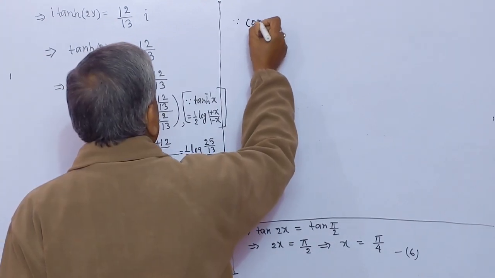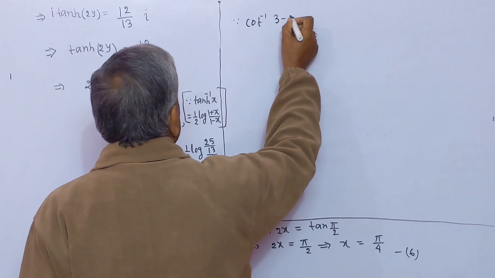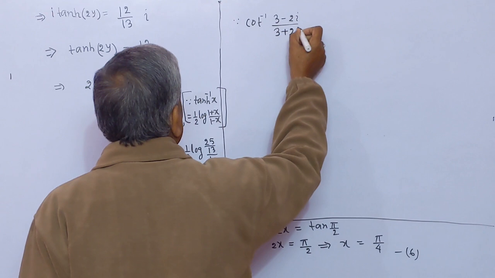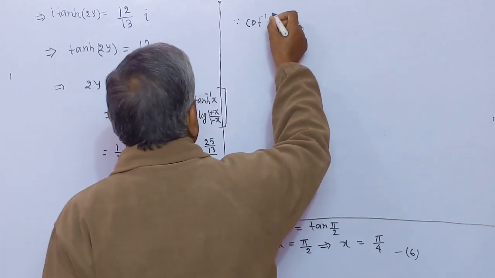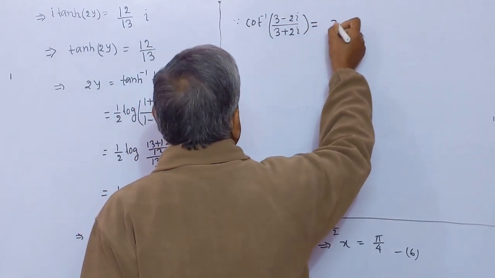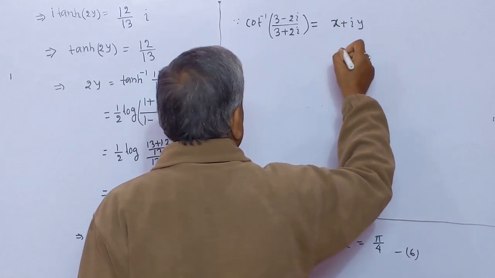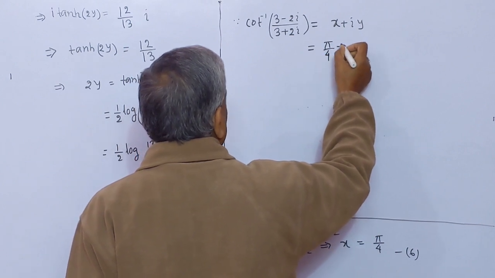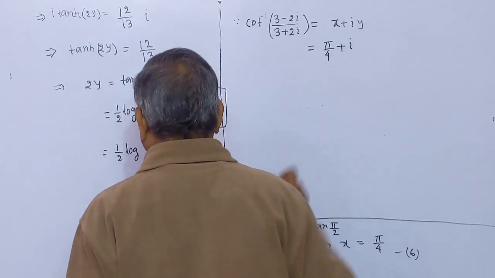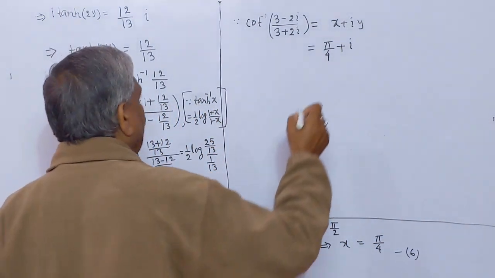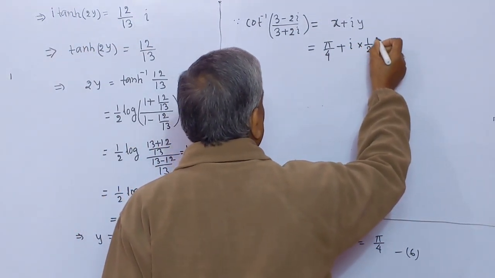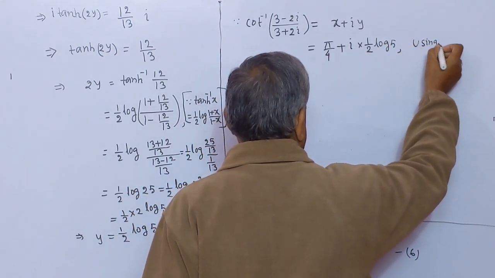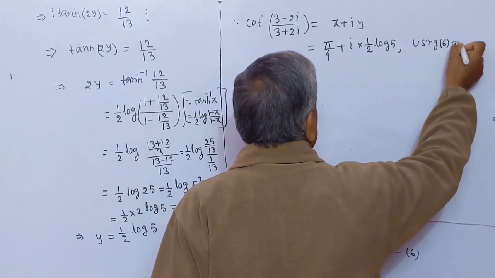Since cot inverse (3 minus 2i) by (3 plus 2i) equal to x plus iy, x is pi by 4 plus I, y is half log 5, using 6 and 8.